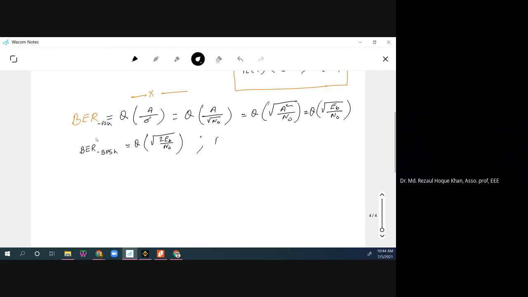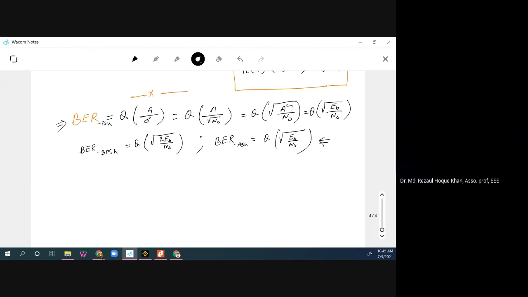And for ASK, what was the expression? Q of the square root of Eb by N0. That means the bit error rate of FSK has a similar nature to the bit error rate of ASK.